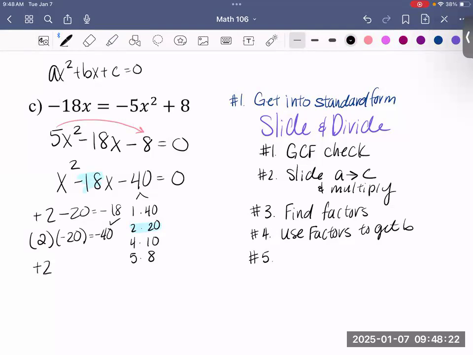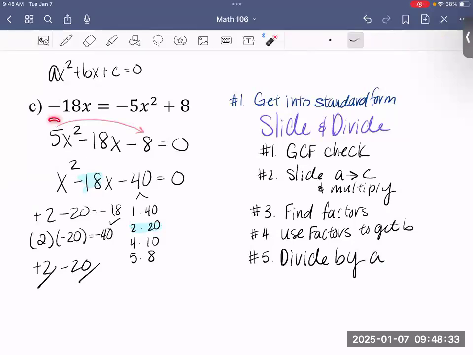So that is it. Now this is where the forgetfulness comes into play. So we're going to take the 2 and the 20, and we're going to divide by what we slide over. So divide by A. Our A happens to be 5. So we're going to divide by 5.